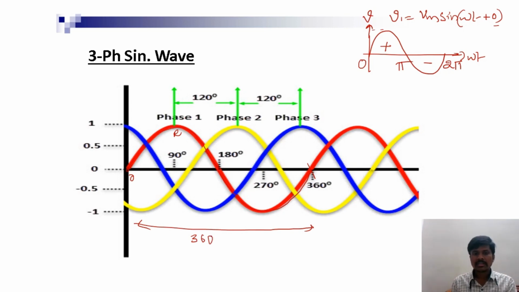That means it completed one complete cycle. The other expression is V2 = Vm sin of omega t minus 120.